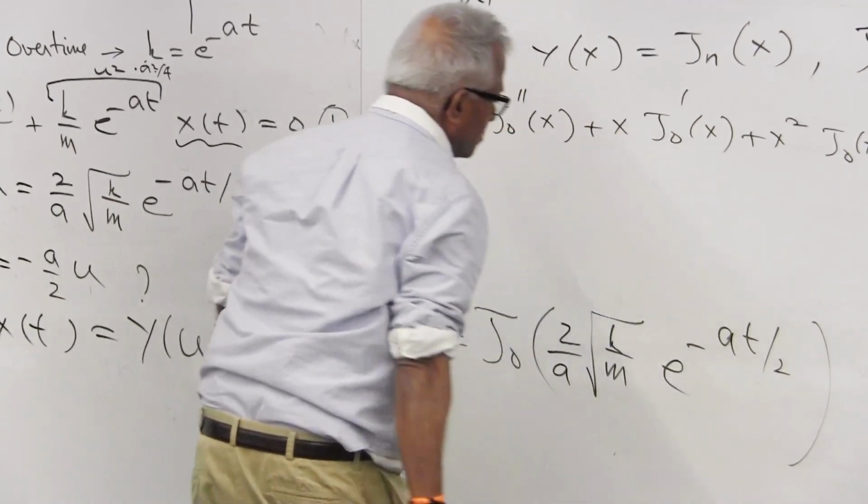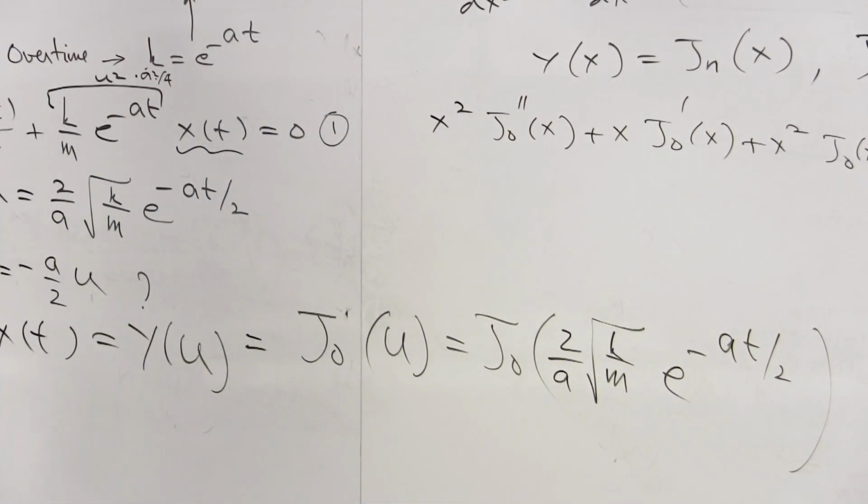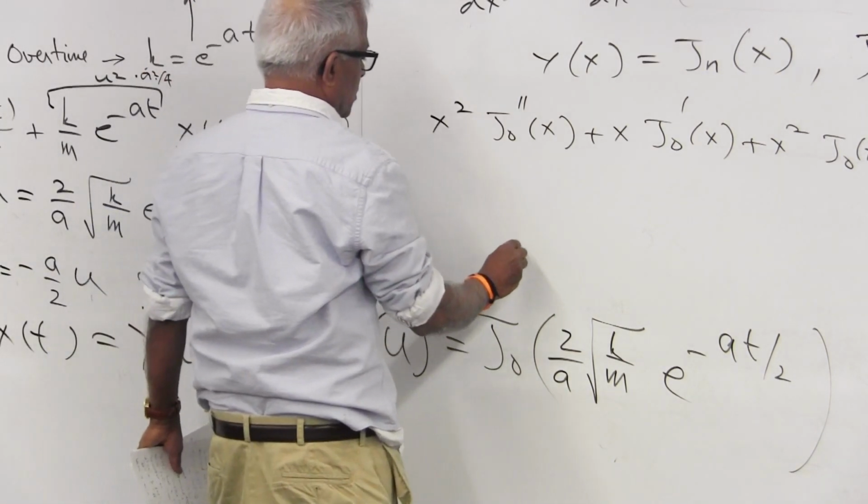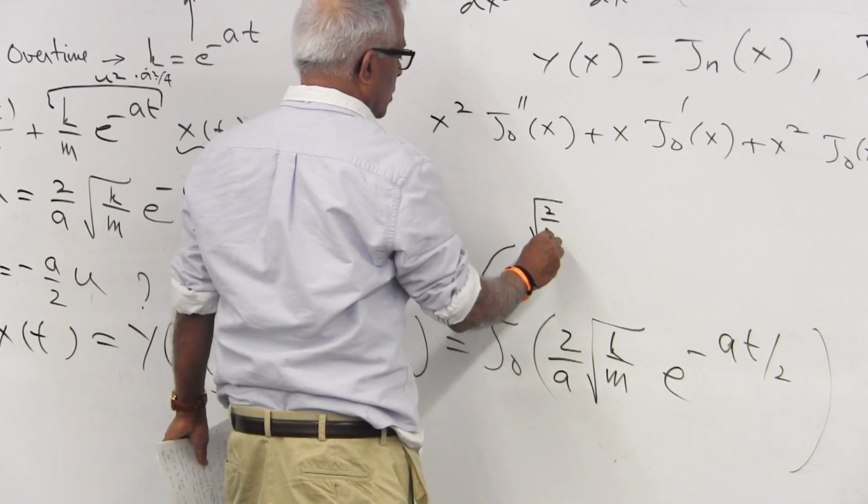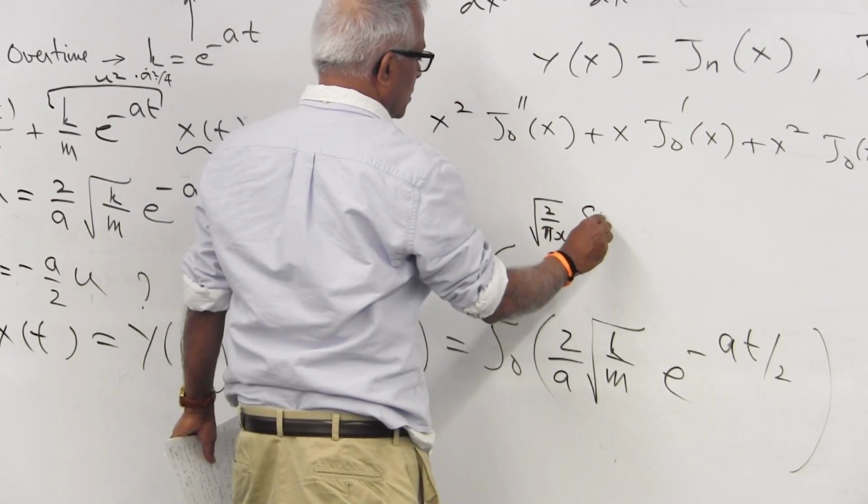So if the coefficient of the spring begins to age with respect to time, the behavior is no longer nice sine and cosine, but it is J naught. But J naught itself, I didn't show you the proof, can be approximated as, I think, square root of 2 over pi x sine x.